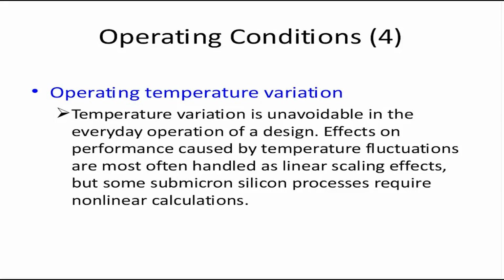In a mobile phone, the CPU, the processor part keeps on working all the time, so it will get a higher temperature reading compared to the video decoder part, because the video decoder part will only work when you are watching a video. So this physical effect is modeled using temperature variation. It could again be a linear model or a much more complex model.